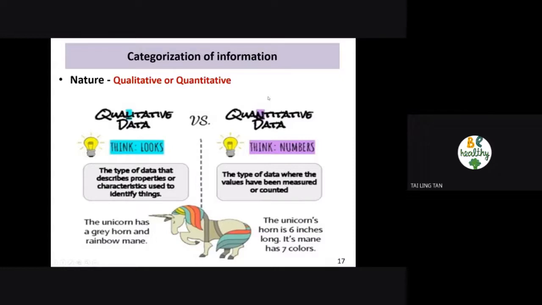So this one is based on the number. One is based on number and another one is based on looks. So we know that it is the nature of this thing, how we are going to describe it and put it into the database.